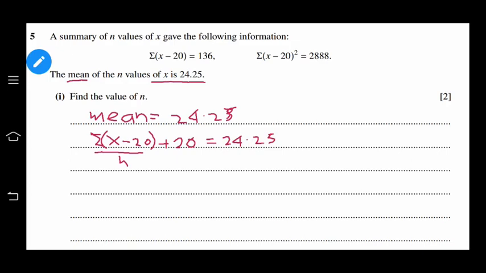When you take 20 to the right side, and you know sigma x minus 20 is 136, we get 136 by n is equal to 4.25.